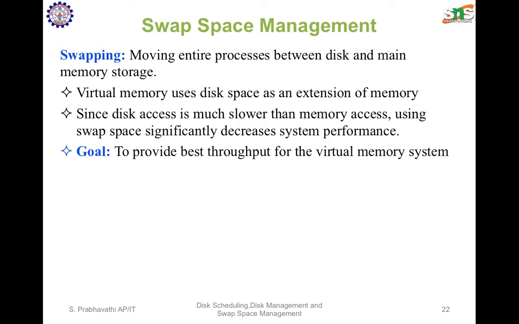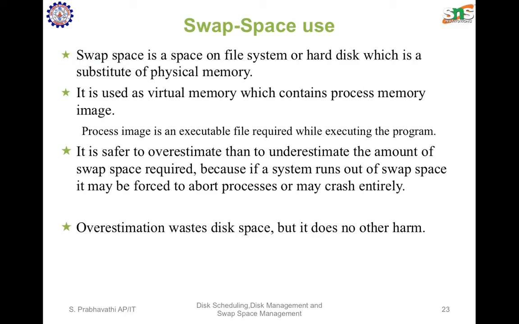The concept behind swap space is nothing but to give better performance for the virtual memory system. Swap space is a space that will be either in the file system or in the hard disk. It is a substitute for the physical memory, because when our process goes beyond the size of the physical memory, the virtual memory concept comes in.